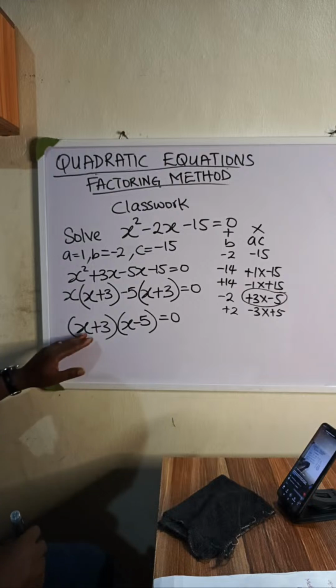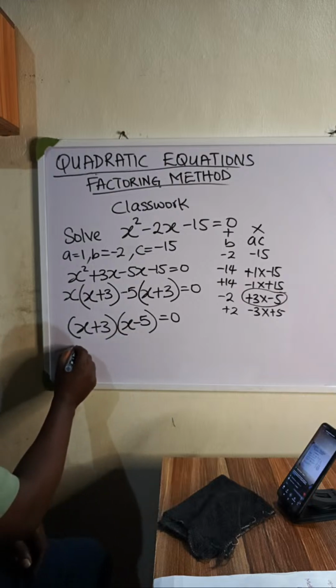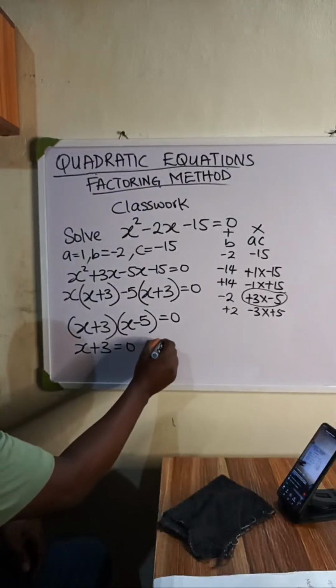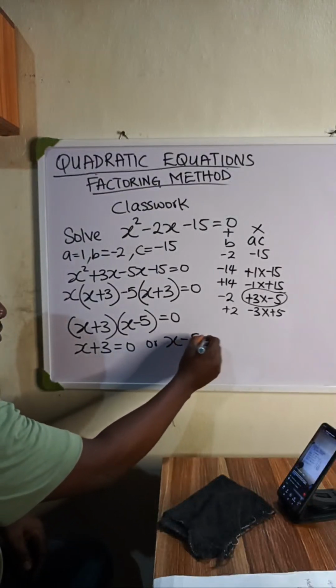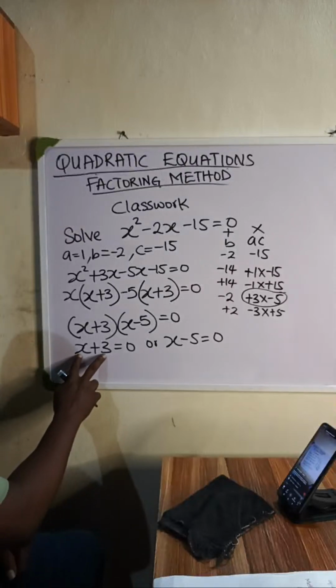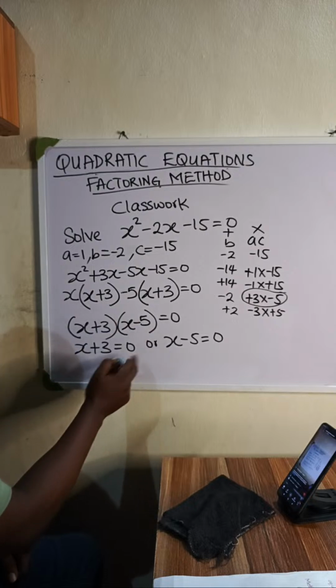So next, we equate each of the brackets to 0. So x plus 3 is equal to 0, or x minus 5 is equal to 0. So to get x here, you move plus 3 to the right, you have minus 3.